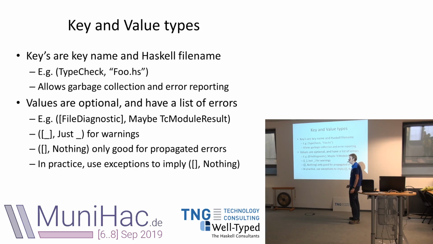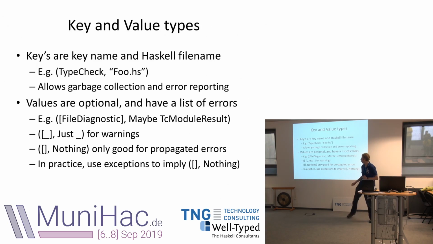The interesting case is, what if one of the phases that type checking depends on fails? And there the answer is, this should be the empty list. There are no errors from type checking, but you should also have nothing here because there's no type checked result. And it's only valid to put that if you have a dependency that has given errors.